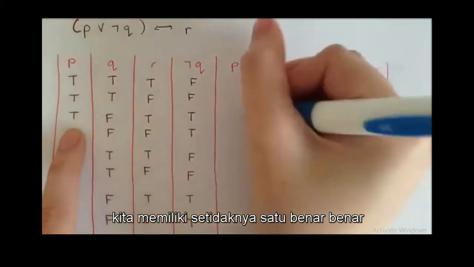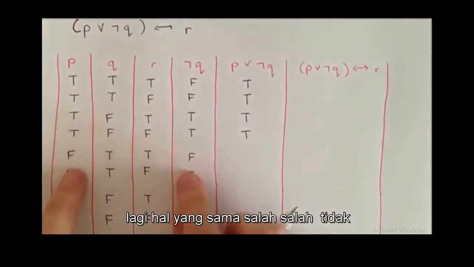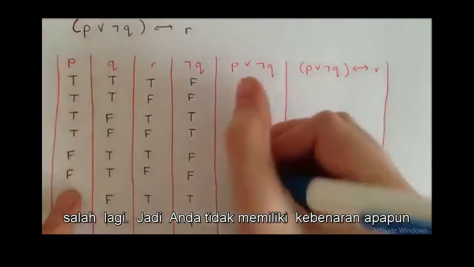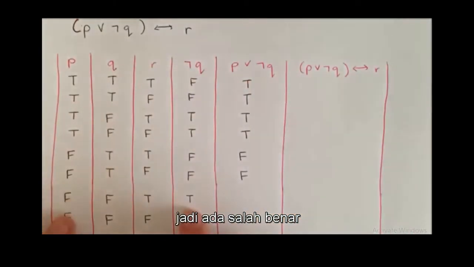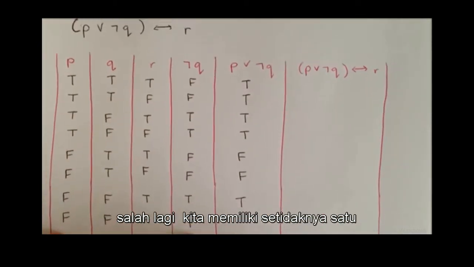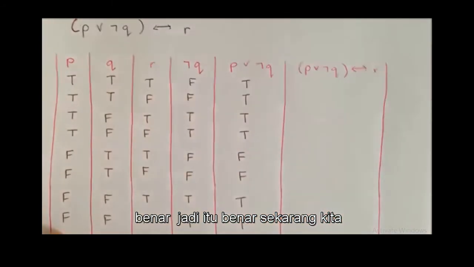True, true, we've got at least one true, so true. Again, the same thing. False, false, don't have any trues, so that is false. False, false again, so don't have any trues, so that's a false. True, false, have at least one true, so that's a true. True, false again, we have at least one true, so that is a true.